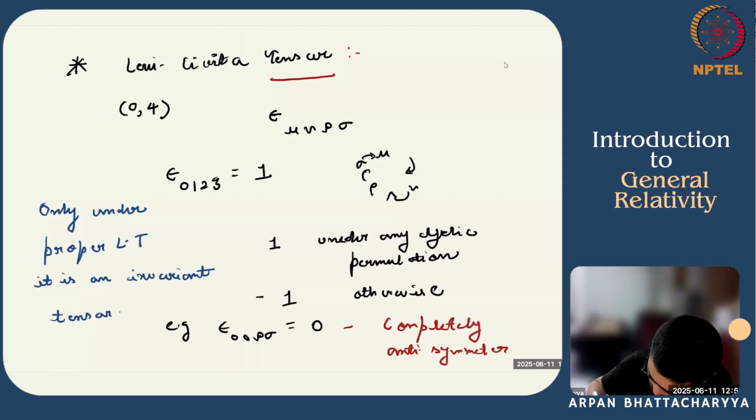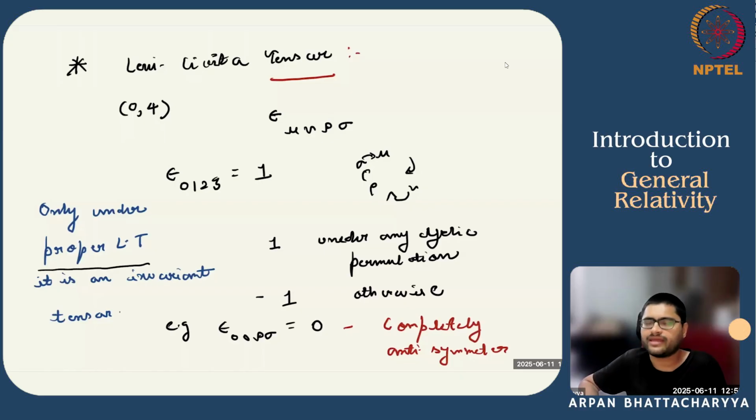Here it is very important to note that it is only under proper Lorentz transformations. Remember, the proper Lorentz transformation is classified by the fact that the determinant of lambda is +1, and we leave it as an exercise for you to show that. We'll end here, and thank you for listening.